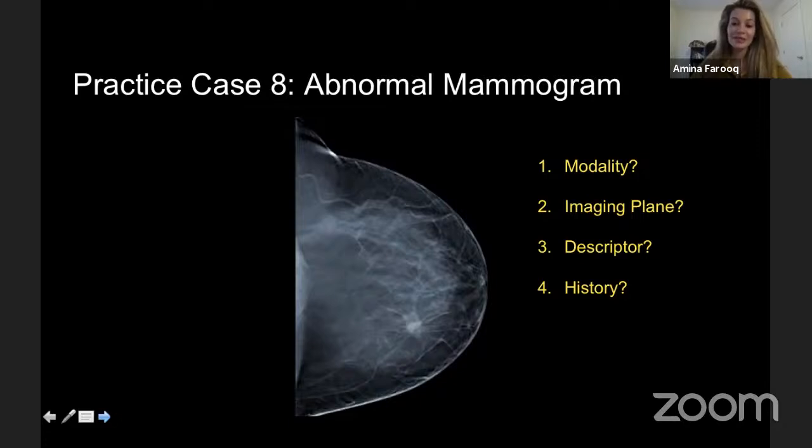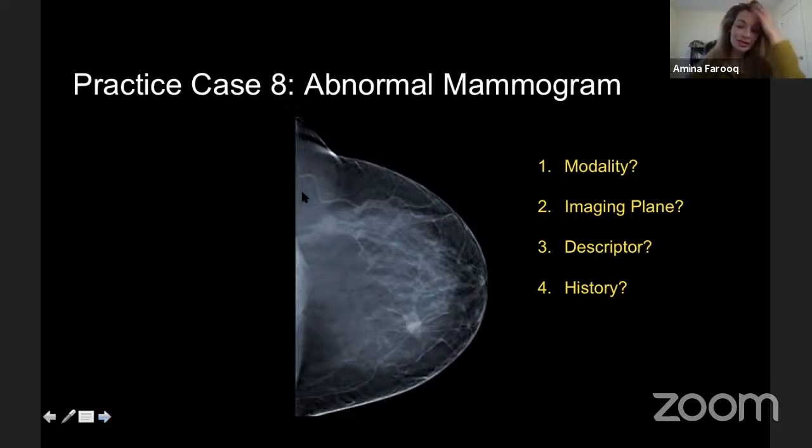And you can have lots of different pathologies in your breast, not just breast cancer. Women can get fibroadenomas, which are benign tumors. They can get phyllodes tumors, which are also benign. They can get cystic changes. They can get hamartomas. So lots of different pathology within the breast.